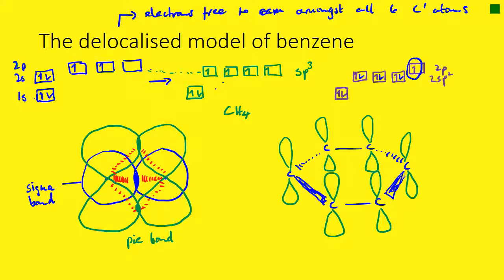Let's go purple. So if you take this carbon here that I've just drawn, one of its bonding electrons is in this bond to another carbon, and then one of its electrons is in this bond to the other adjacent carbon, and then of course don't forget that we've got a sigma bond to a hydrogen as well.